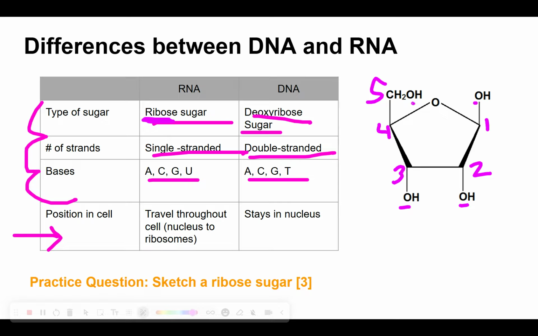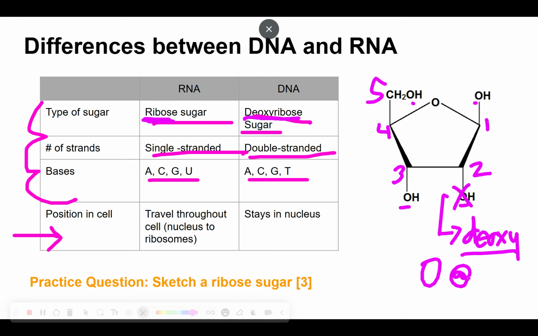If the sugar is deoxyribose, that's exactly what it sounds like. It means that some of the oxygen has been taken out of the molecule. Specifically, the oxygen at the second carbon position has been removed, deoxygenating the sugar molecule. Deoxy, O at carbon 2 removed.